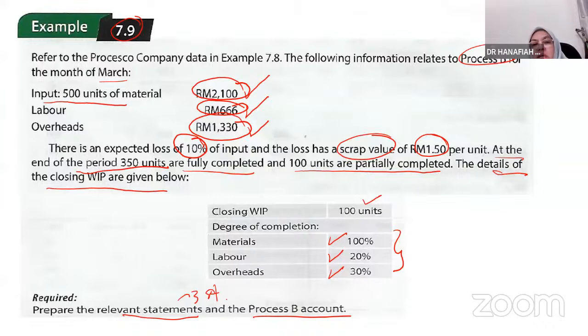Like yesterday, it is similar, but yesterday you did not have to prepare the three statements. It was a simple one, the basic one. Now in process account, in manufacturing account, you need to prepare this, especially when you work in the production department. Do you have any question?